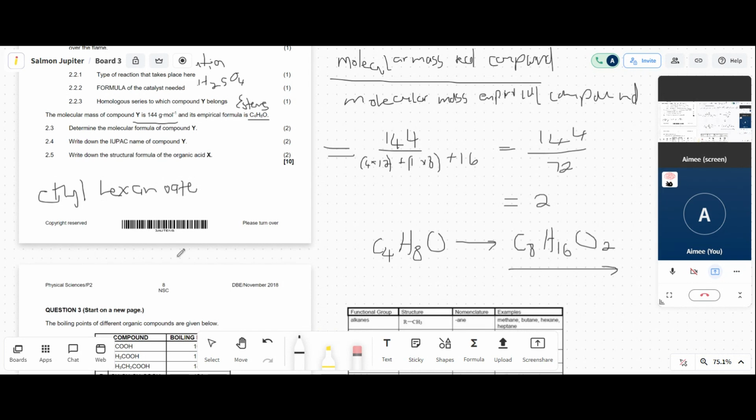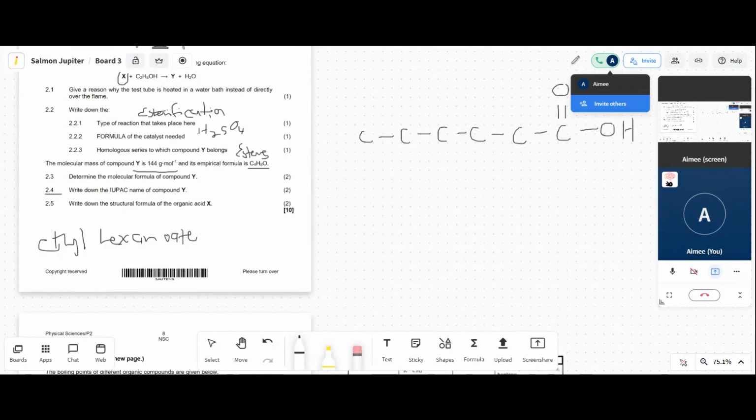And now we just draw on the functional group that I showed you. It's going to have an OH and a double bonded oxygen because this is the functional group of a carboxylic acid. And now you just fill in your H's.